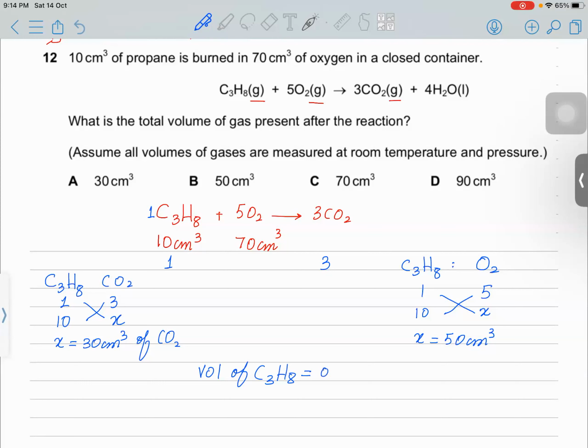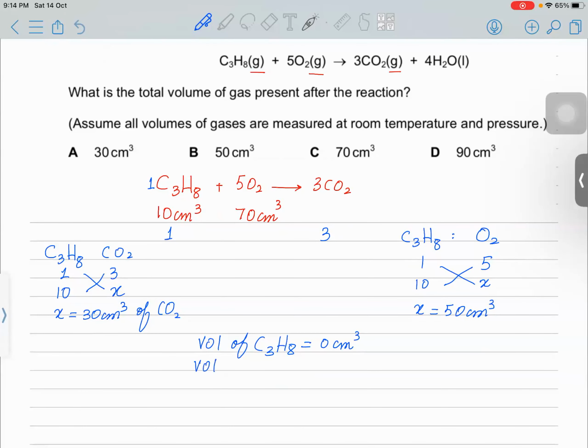So 0 cm cube. Are you getting my point or not? Yes, sir. Now, can you tell me the remaining volume of O2 after the reaction? Sir, 70 is total, 50 is consumed. So 20 cm cube.